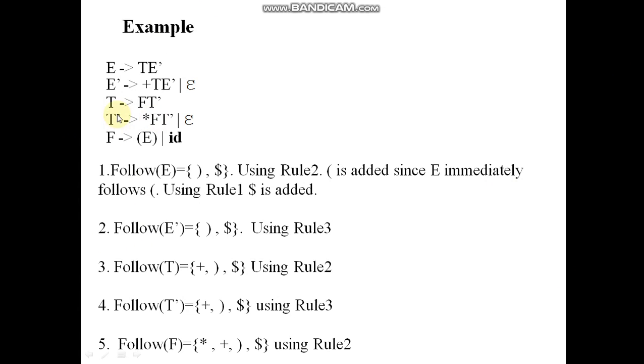If T dash contains epsilon, and obviously here T dash contains epsilon, since T dash gives epsilon is a production, then everything in the follow of the production head T dash is added into the follow of F according to rule number 2. Everything in follow of T dash is added into follow of F. Why?